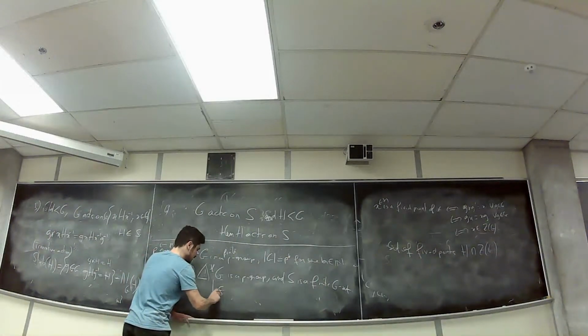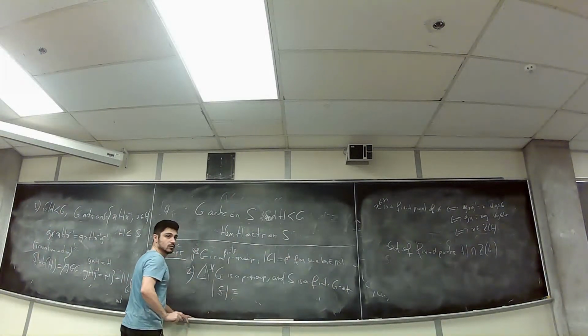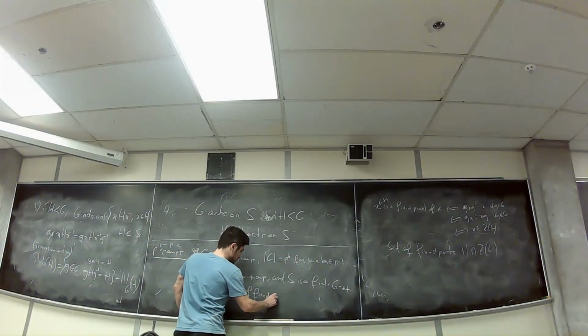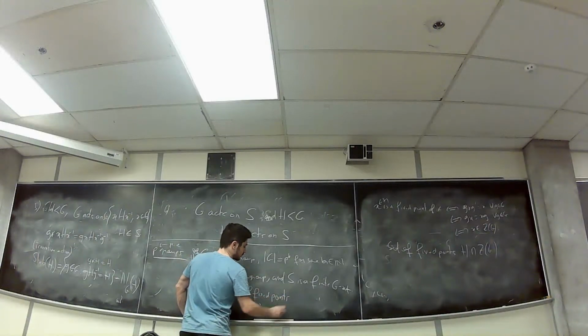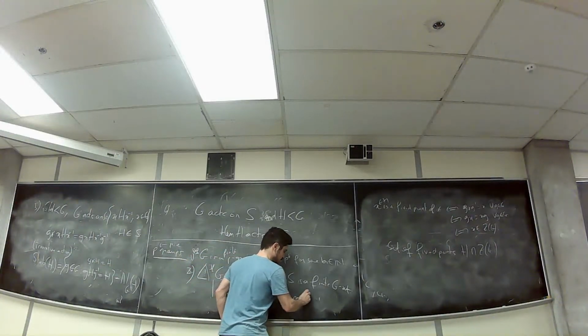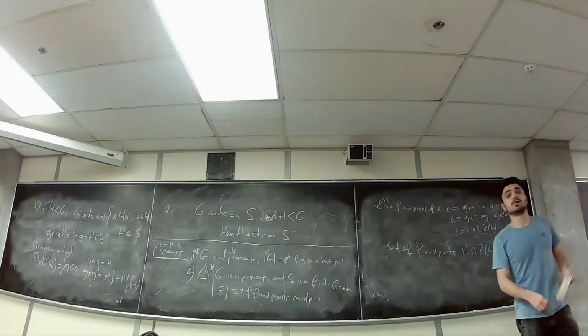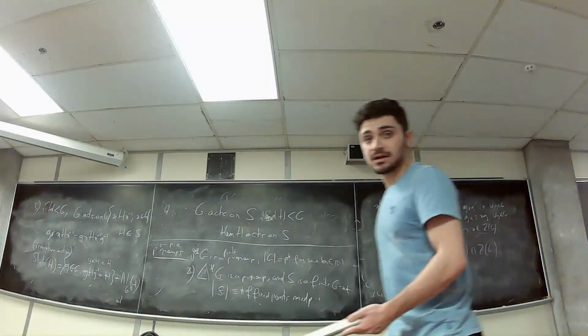The size of S is congruent to what? To the number of fixed points mod P. And this is proved by the orbit stabilizer theorem. You're responsible to prove that and to use it.